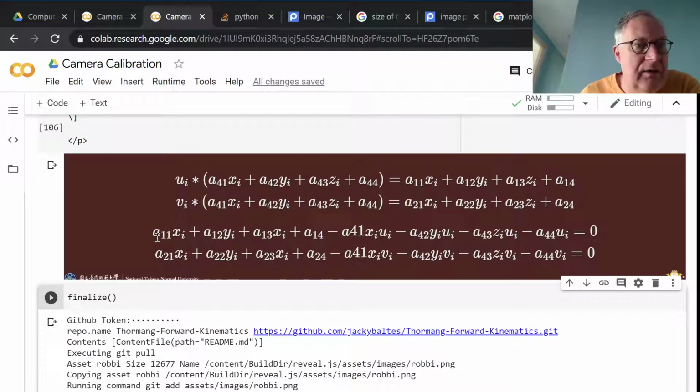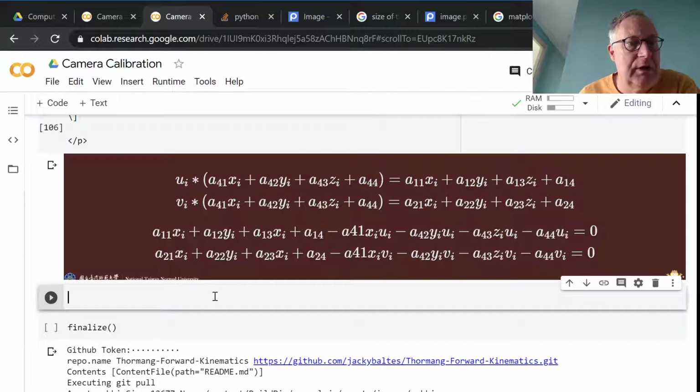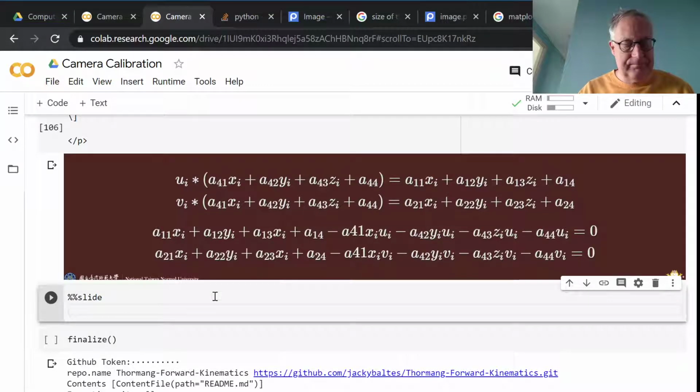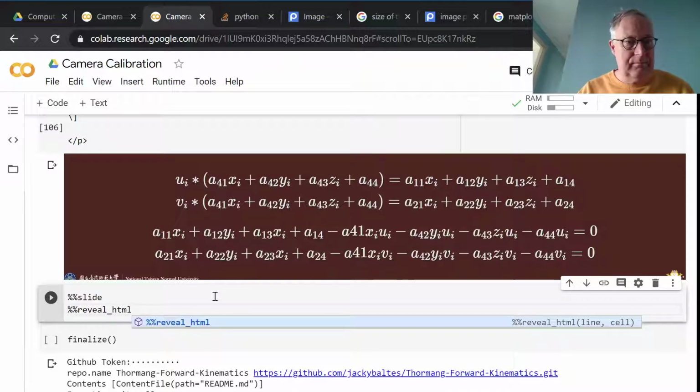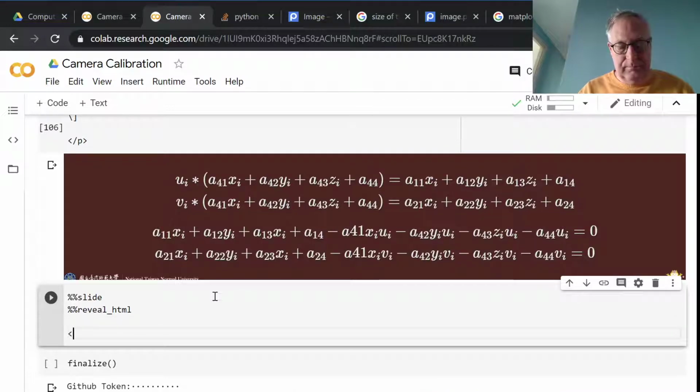Now here we have all the A's separated out. I can then convert it into a calibration matrix, or into a system of linear equations.